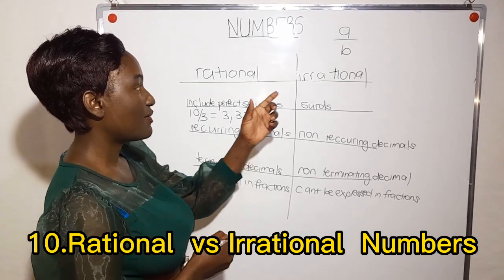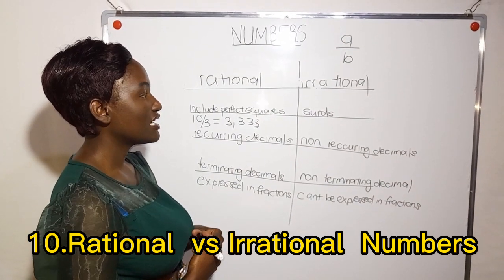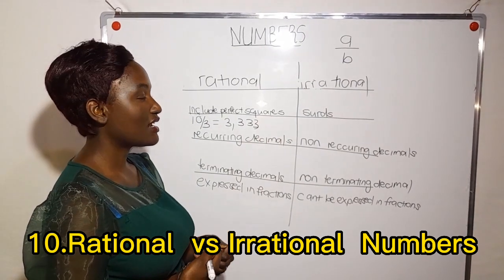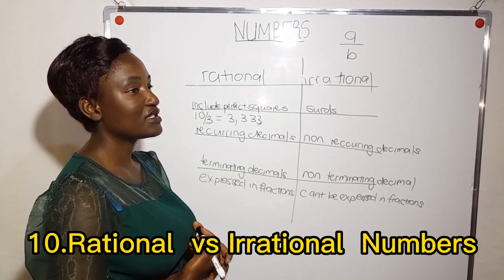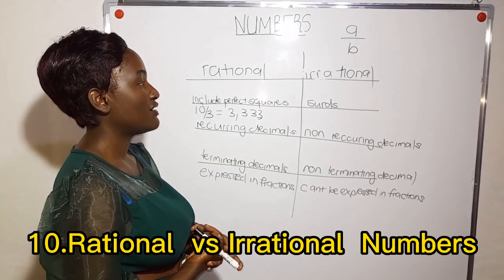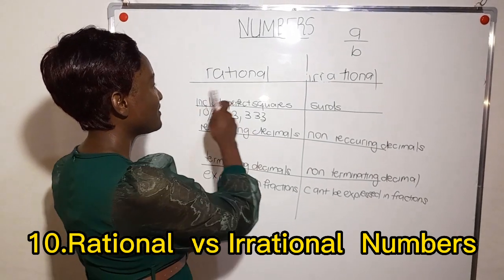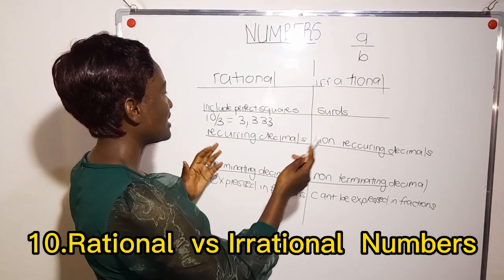Then irrational numbers cannot be expressed as fractions. They are expressed as surds. These are numbers that are expressed in root form because they cannot be simplified further. So the differences between rational and irrational numbers, I have put them here.